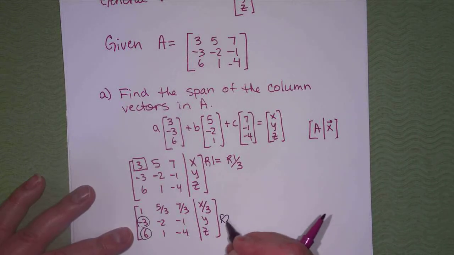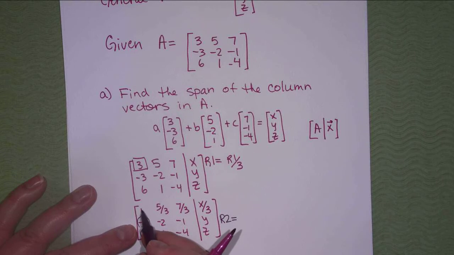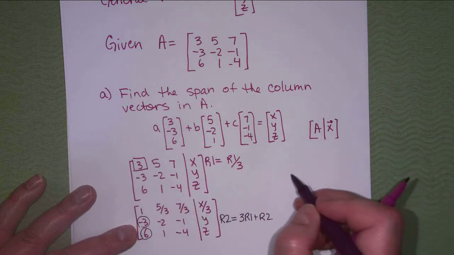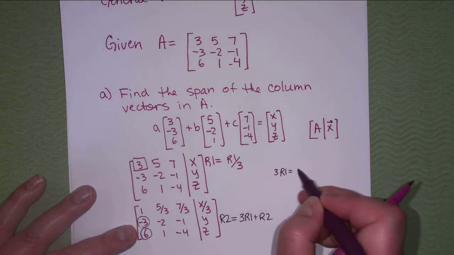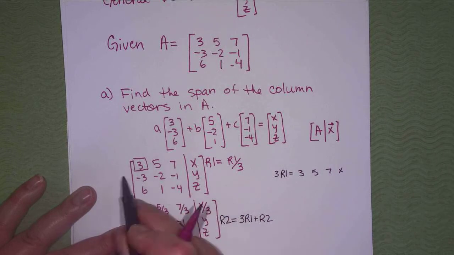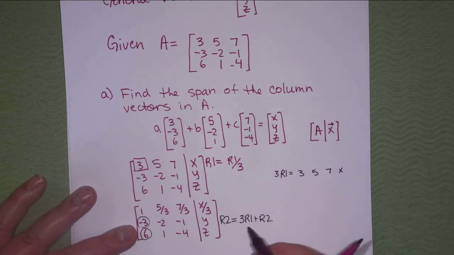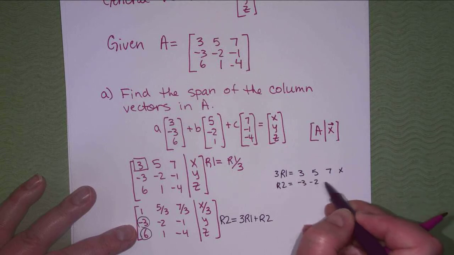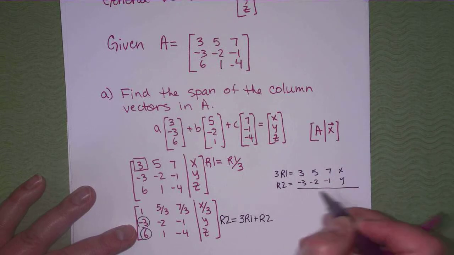So row 2, that's a -3, so we want the 1 to be a +3. 3 row 1 plus row 2. We already had a 3 there, so I'm just going to write that down. 3, 5, 7x. Right, because that is row 1 multiplied by 3, plus row 2. Add them together.